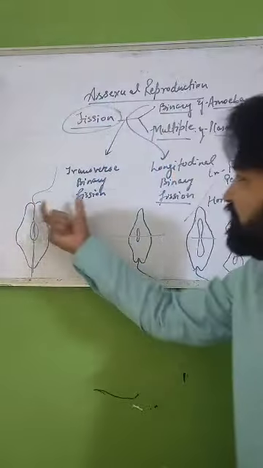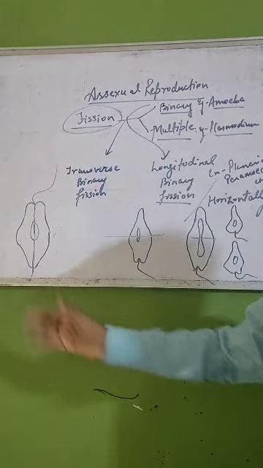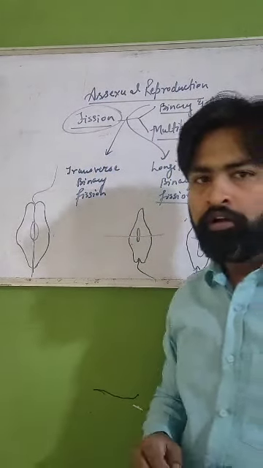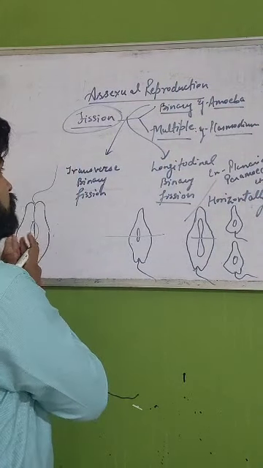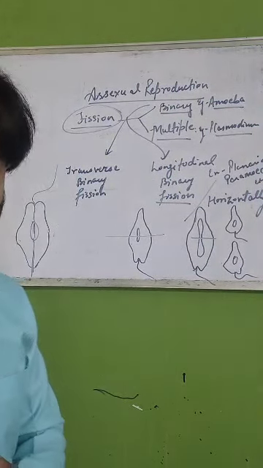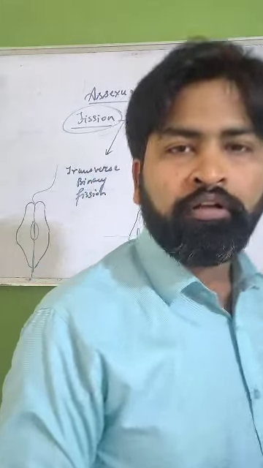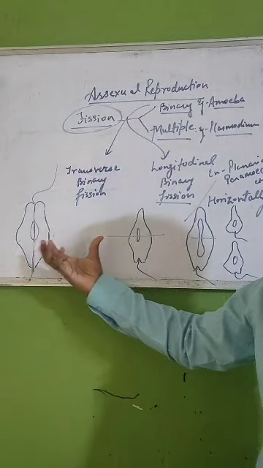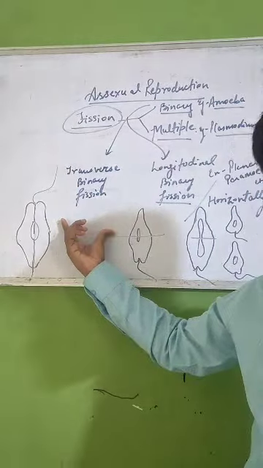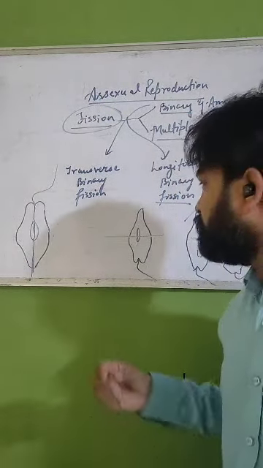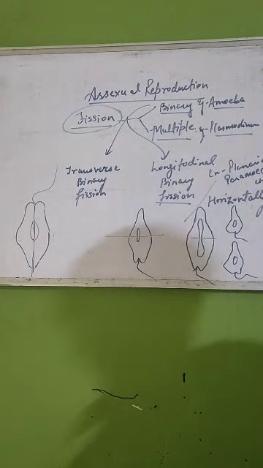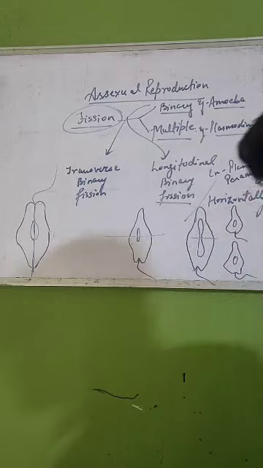So in the case of transverse binary fission, the nucleus divides longitudinally, which means it will be perpendicular to the transverse axis. This type of division is known as transverse binary fission. And in the case of longitudinal binary fission, the nucleus divides horizontally and then the whole organism divides.